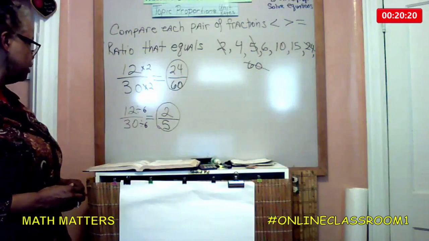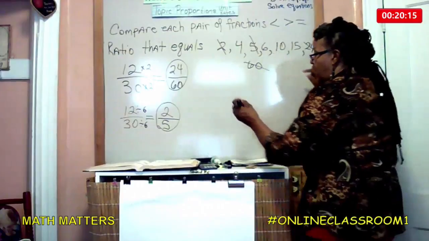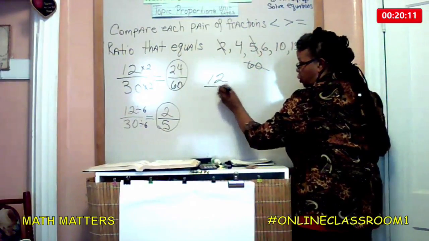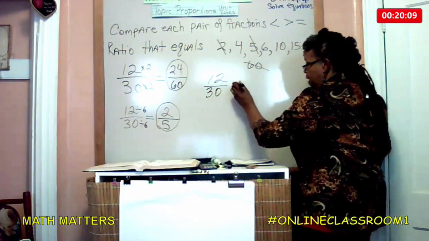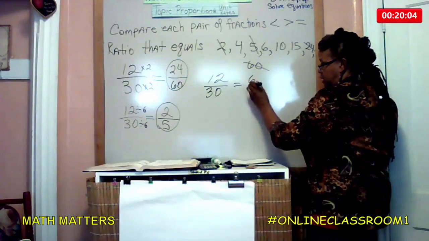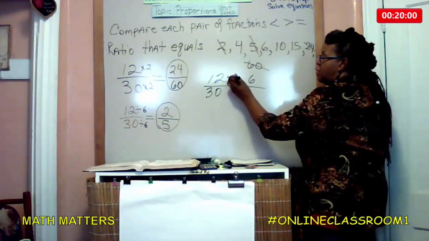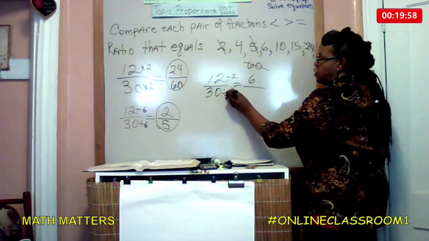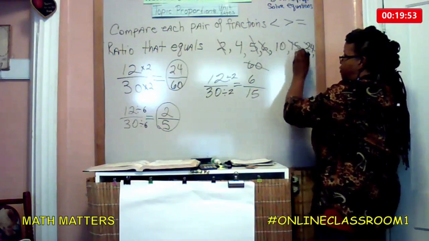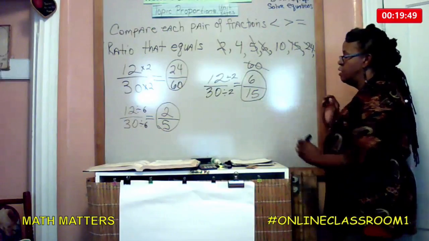Let's try for this 6 right here. So I can rewrite my original 12 out of 30, and then let's put is equivalent to 6 out of how many? What did I do to the 12 to get 6? I divided by 2, and I get 15. So I've used the 6 and the 15 to get an equivalent ratio.